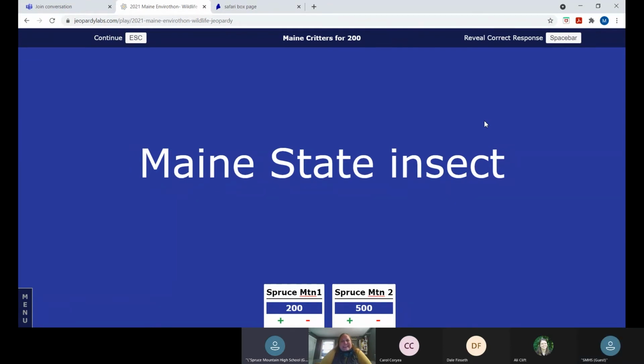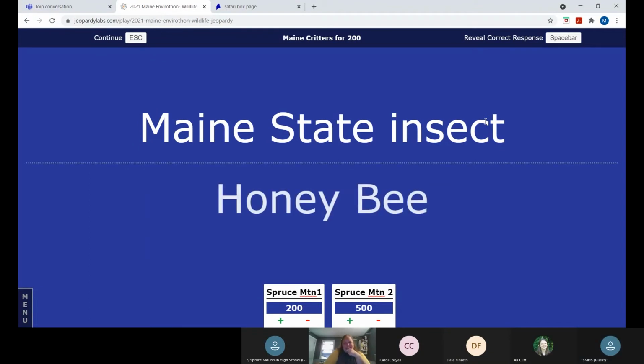I'm thinking. What is the black fly? I have no idea. Oh. Although that was a very good guess and is probably the most common answer that we get, it's actually the honeybee.